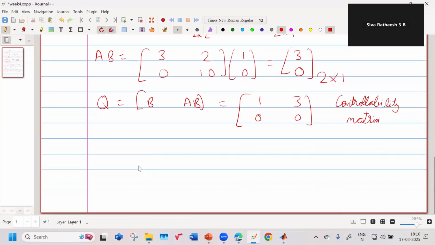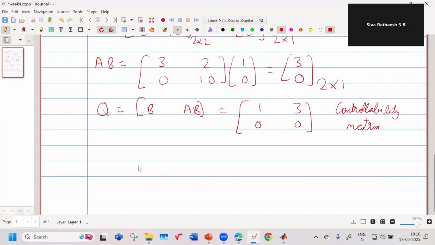And now we have to find the rank of Q, or we just want to say whether it is controllable or uncontrollable. If the system is controllable, then the rank of Q should be equal to 2.